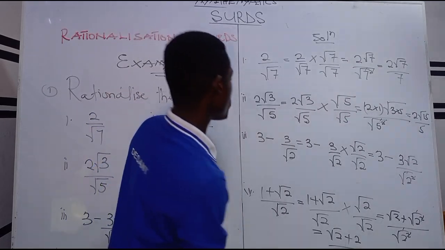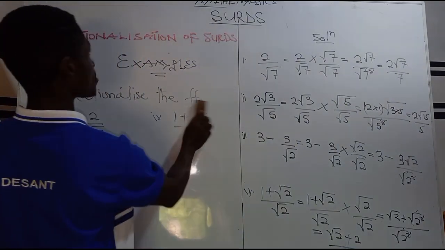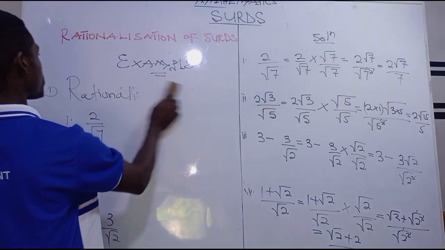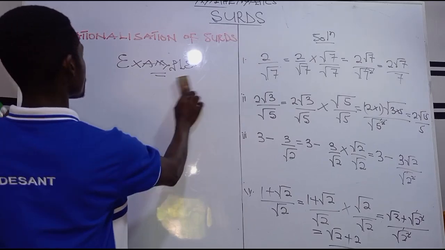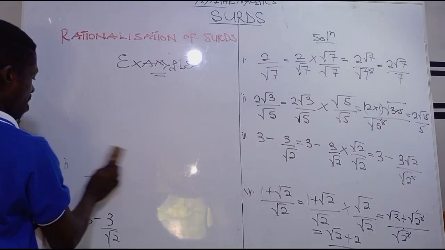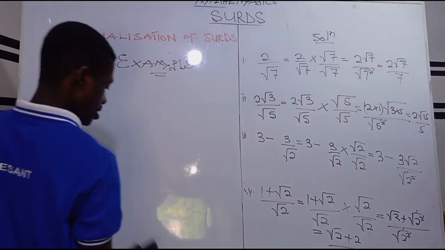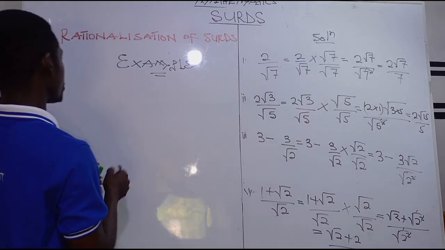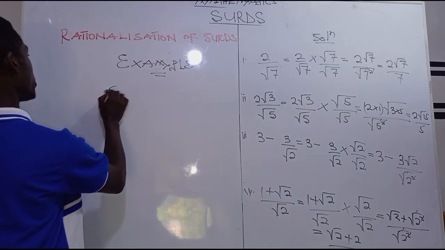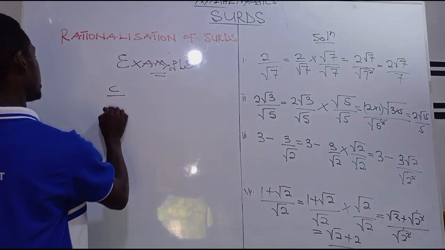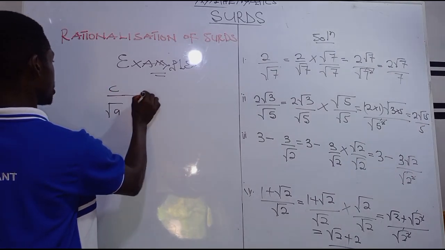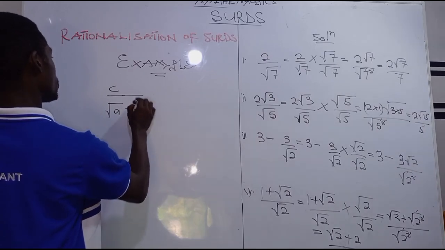Good. Now we are moving to an expression of this very form. So when you have an expression of this very form, let's say with a plus or minus root of b.